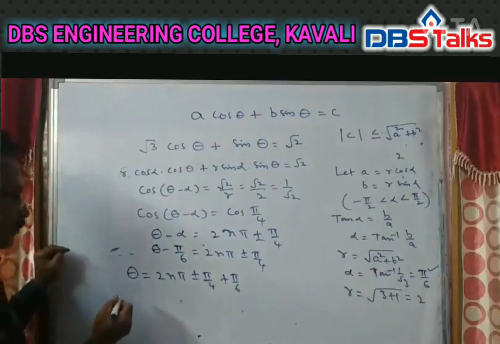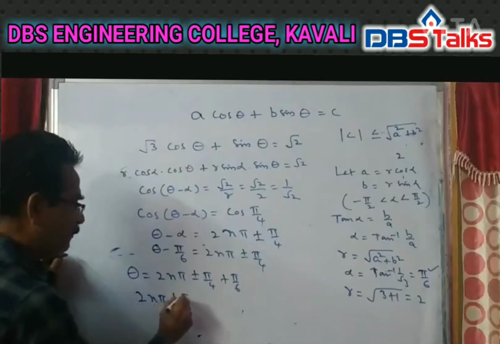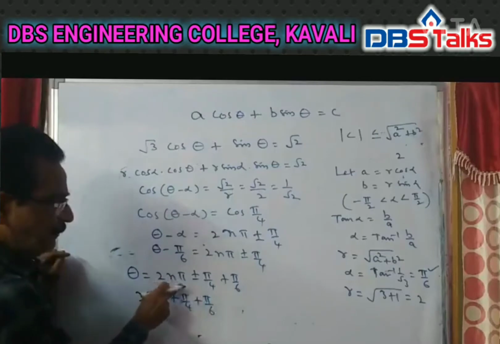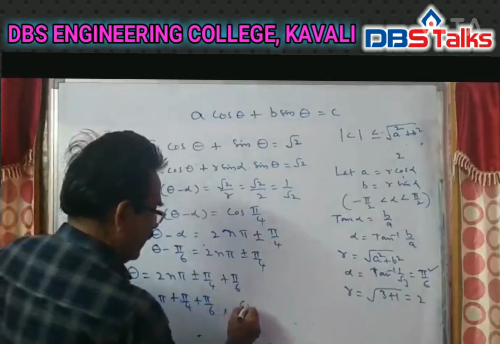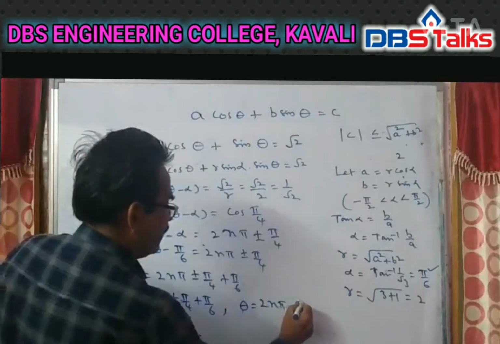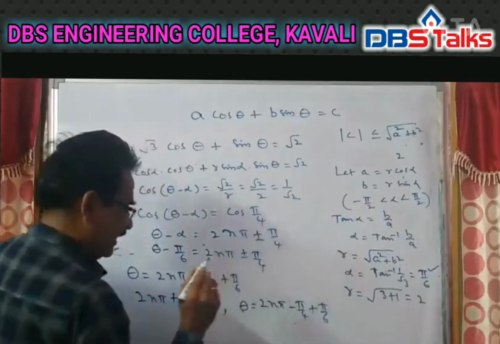So now we have two solutions. 2n pi plus pi by 4 plus pi by 6 is one solution, and theta is equal to 2n pi minus pi by 4 plus pi by 6 is another solution.